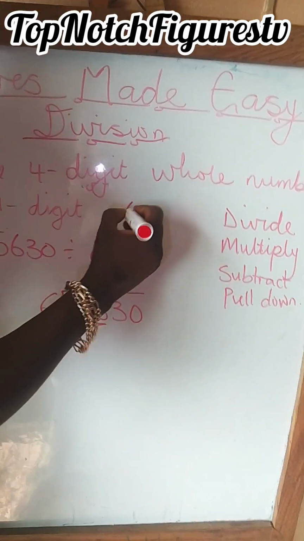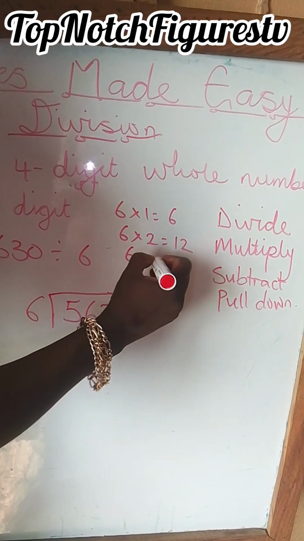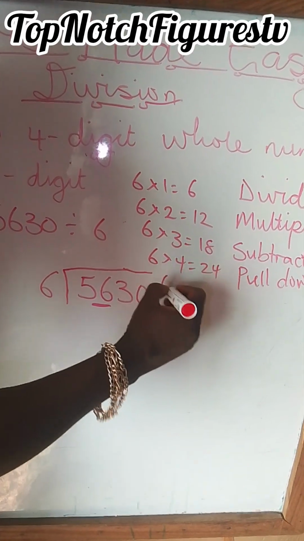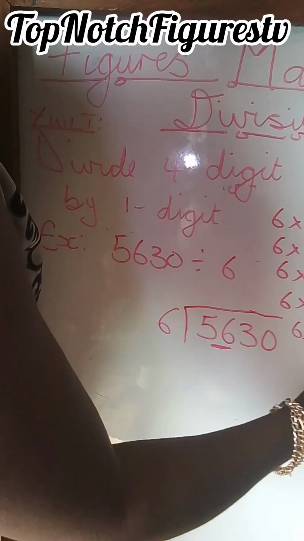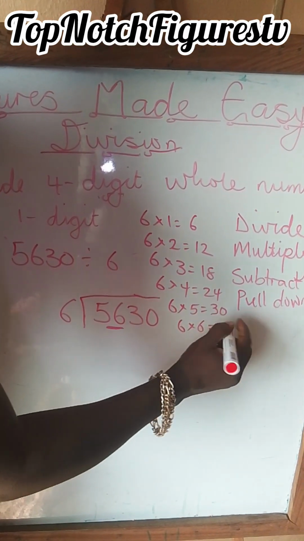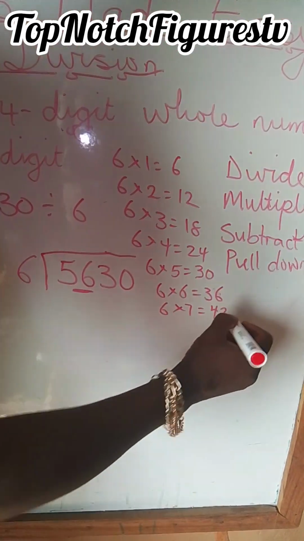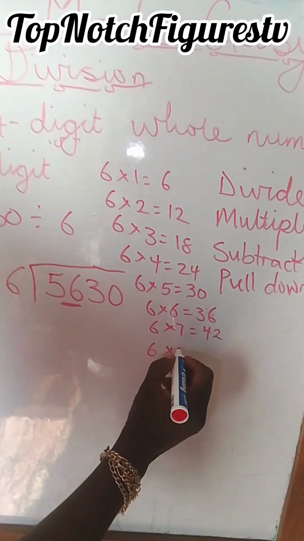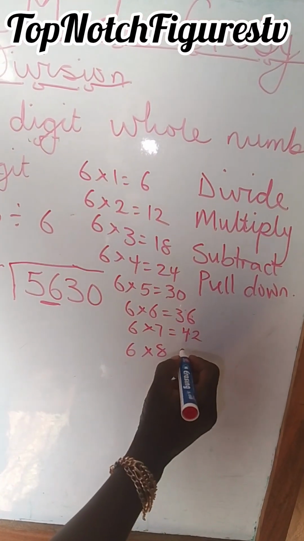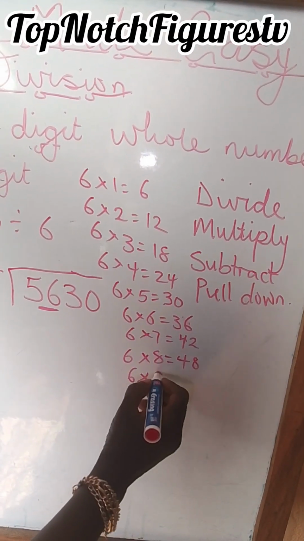So let's go. 6 times 1, 6 times 2, 6 times 3, 6 times 4, 6 times 5, 6 times 6, 6 times 7, 6 times 8, 6 times 9.